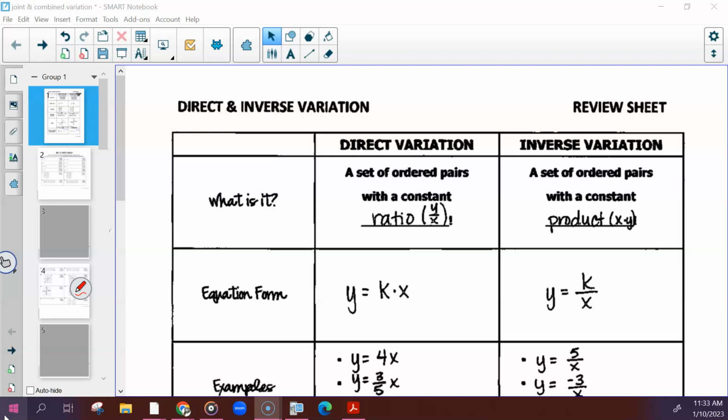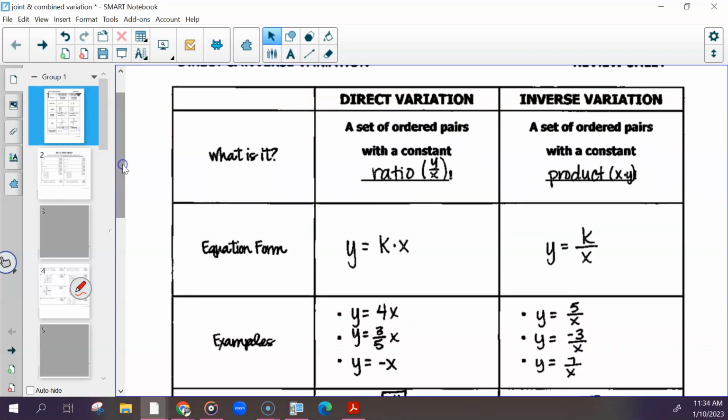Either a combination of both direct and inverse in the same problem, or something that's jointly, and we'll talk about that. But before we do that, it would be a good review to just quickly go through direct and inverse so we can compare and be able to use them correctly.